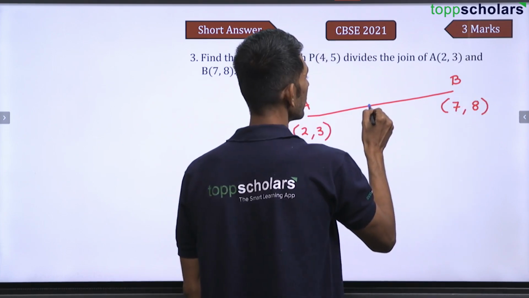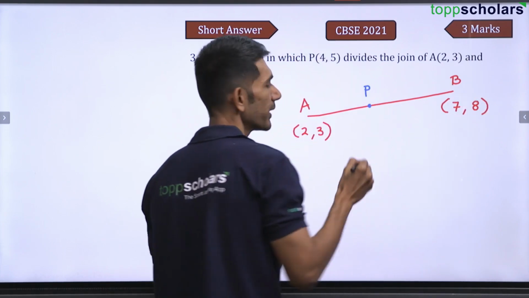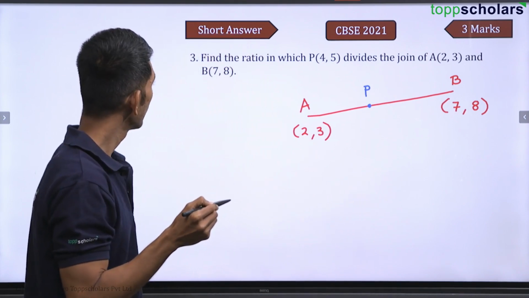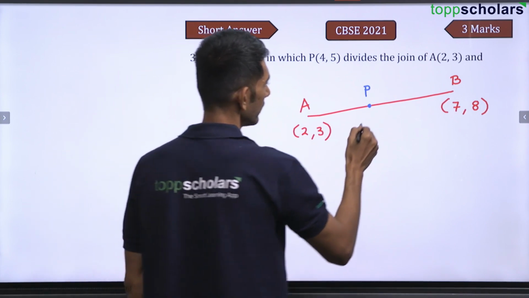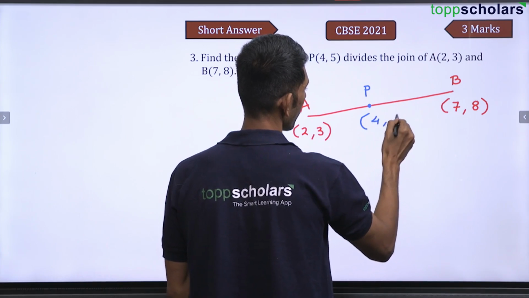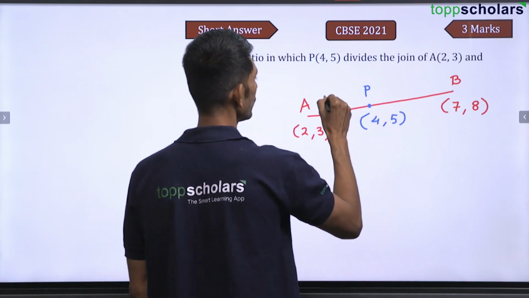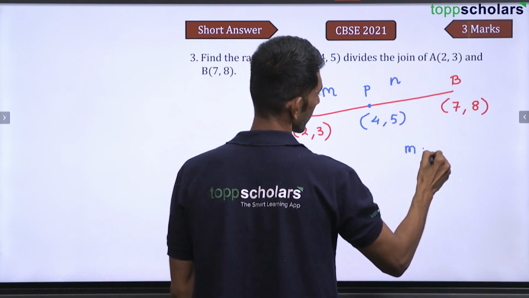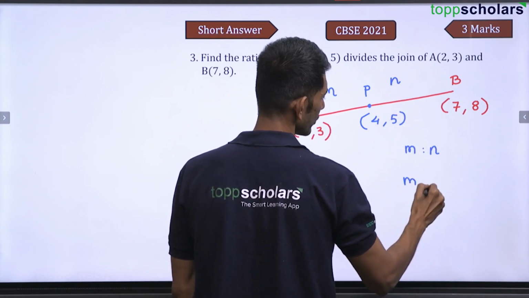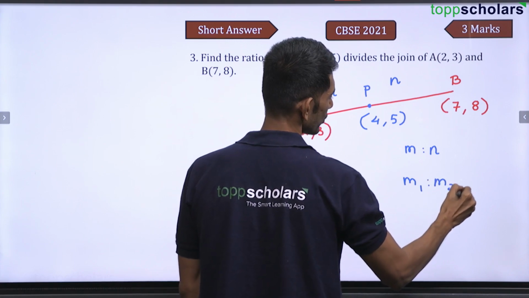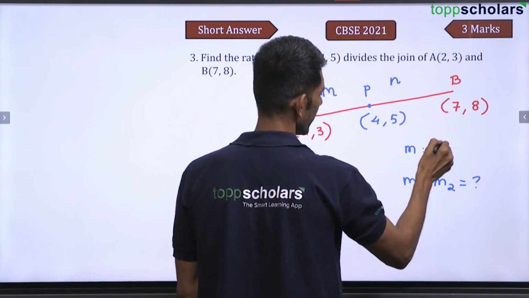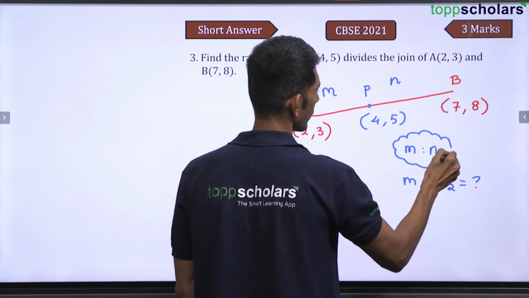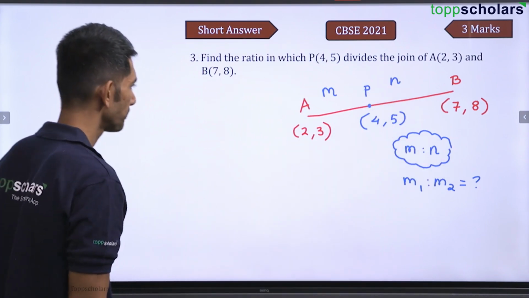And in between, there is a point with coordinates (4,5). We are supposed to find out m is to n. You can also call it m1 is to m2. Your NCERT gives you m1 is to m2. That is also fine, your choice. Okay, this is what we are supposed to find out.